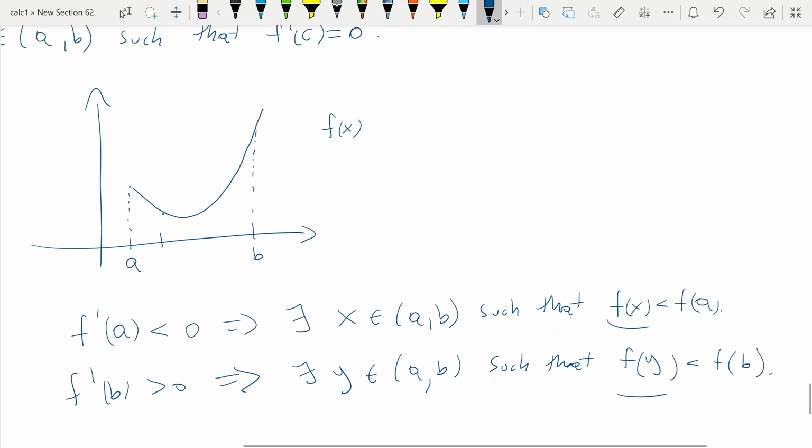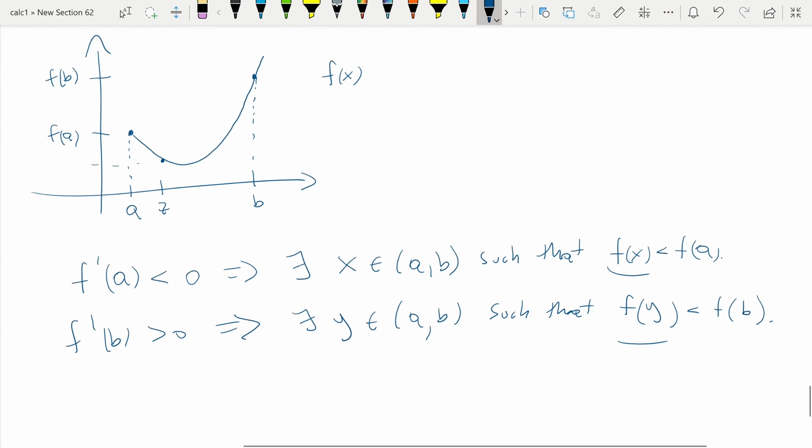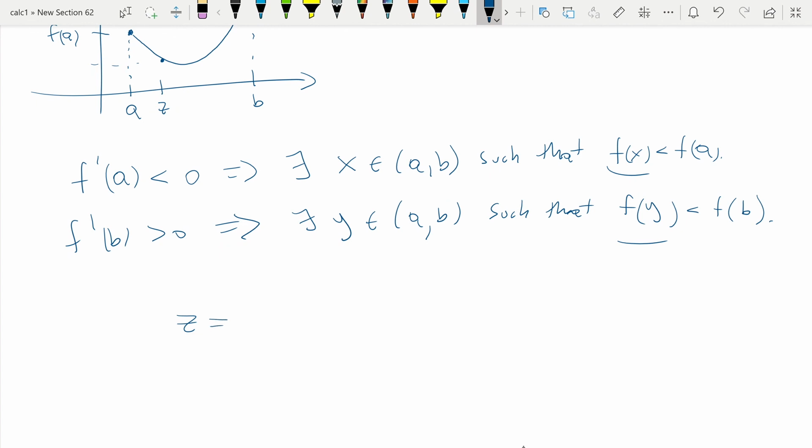Then you know that the function takes on the value f of a, takes on the value f of b, but takes on also this other number here, which you're going to call z. z is going to be x if f of x is smaller than f of y, or y if f of y is smaller than or equal to f of x.